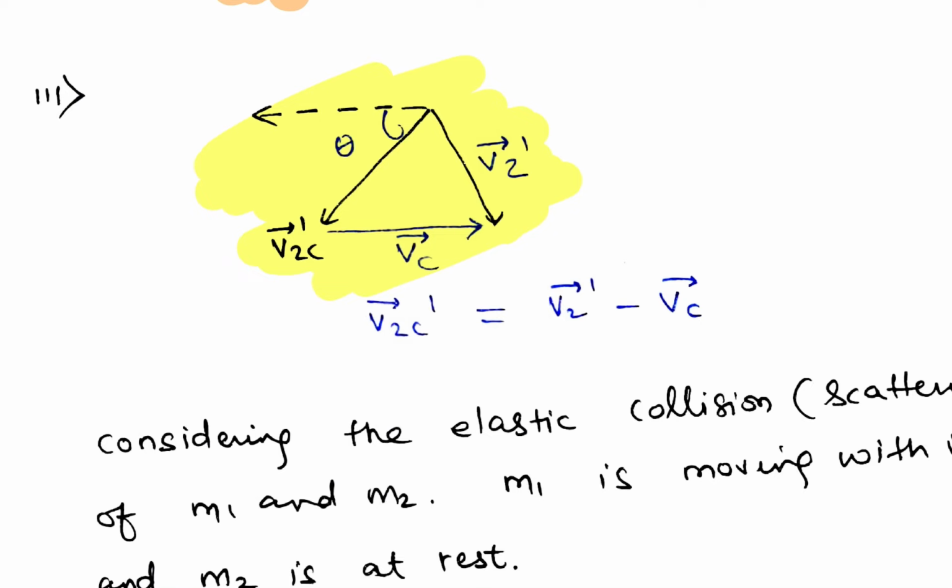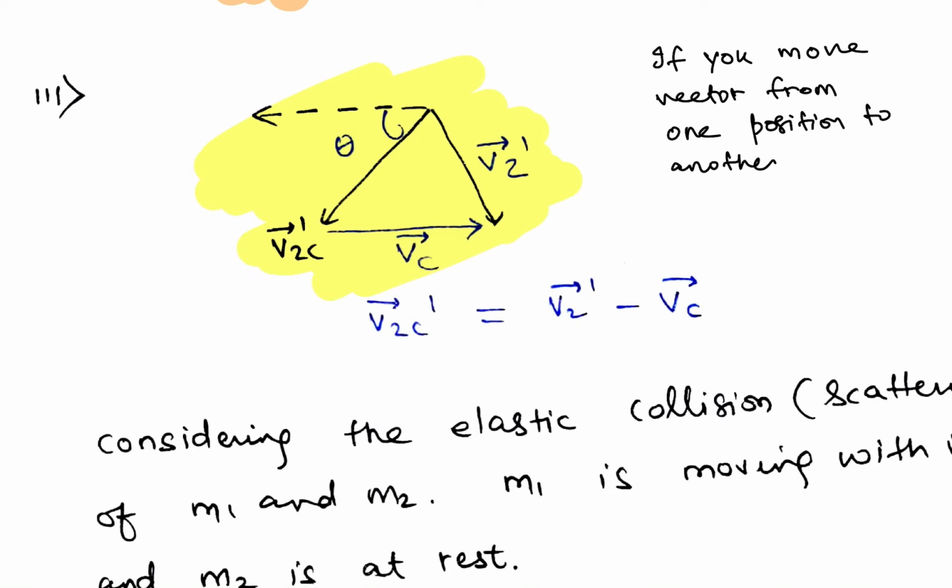So suppose vectors are to be translated. If you move a vector from one position to another, nothing will change, because for vectors only two things matter.